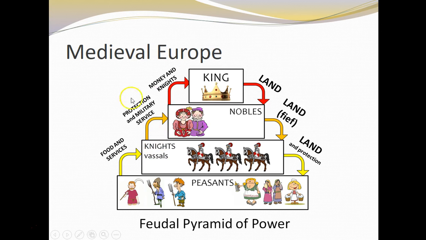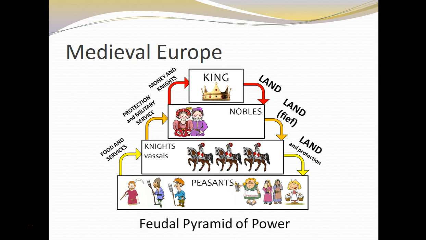But the knights especially were about protection and military service for the nobles, because the nobles had an obligation to the king, who gave them land. In return, they would give the king money and the use of those knights. The nobles were kind of the ones who gathered up the army.